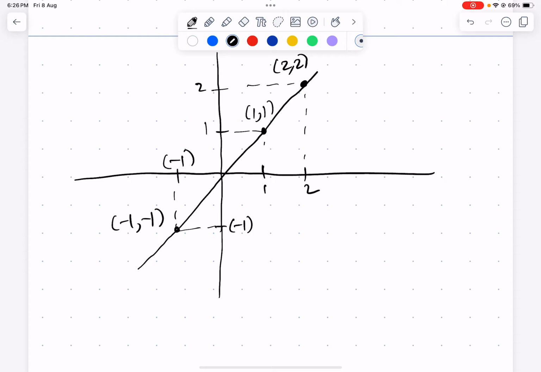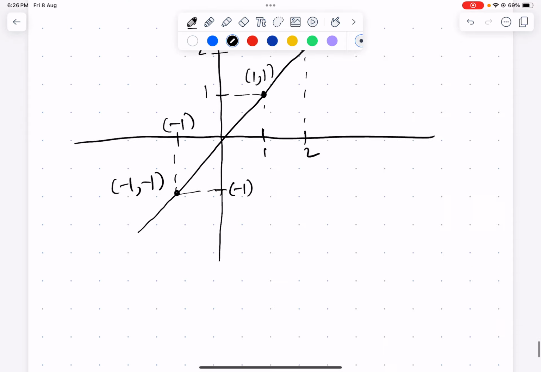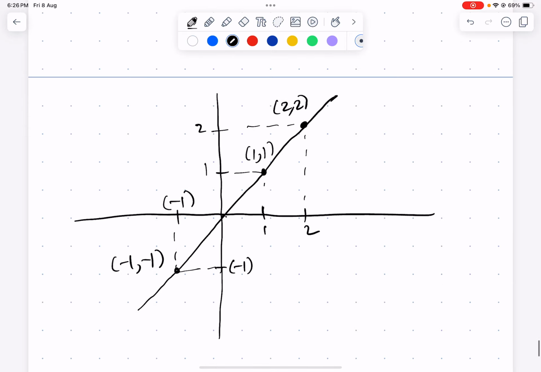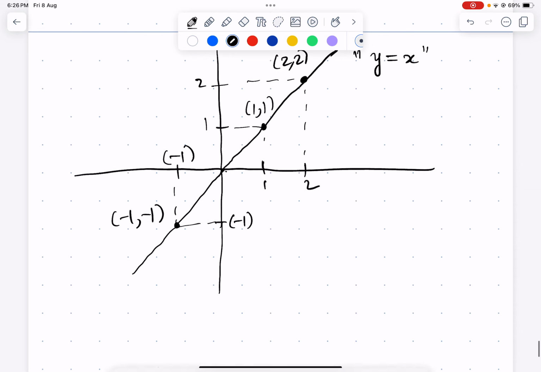So this is the graph of f, this line. So the line is just y equals x, the set of all points x comma y such that y equals x. This is the graph of the function.